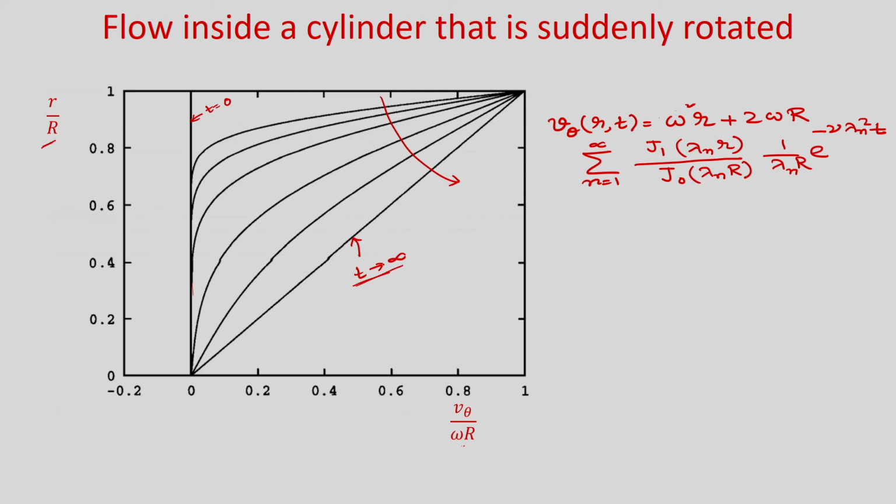So in today's class we have considered transient axisymmetric Poiseuille flow. In this case we have an imposed pressure gradient at t is equal to 0 plus. Obviously you can see that the governing equation is linear but non-homogeneous, so directly you cannot use the separation of variables method. So we decomposed this problem into two different problems.